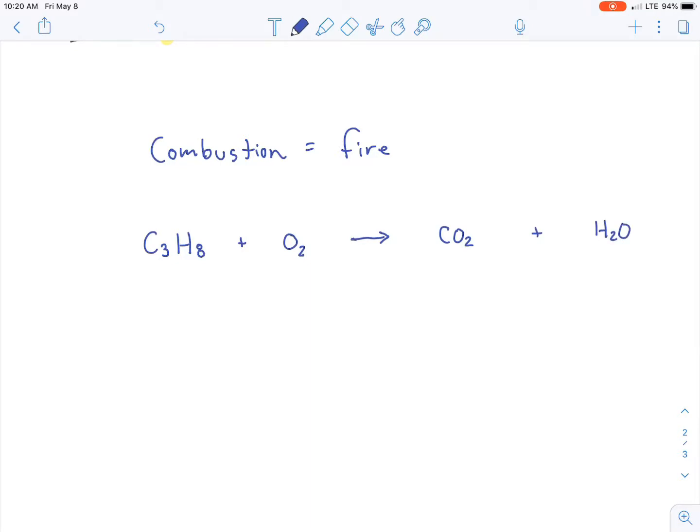Now, remember I have a weird pattern for this, and the reason I have this weird pattern for combustion reactions is because we have this little 2 right here. And that little 2 sometimes can throw a monkey wrench into your whole business, right? It can make an odd number on one side and mess you up, and it's just a pain in the butt.